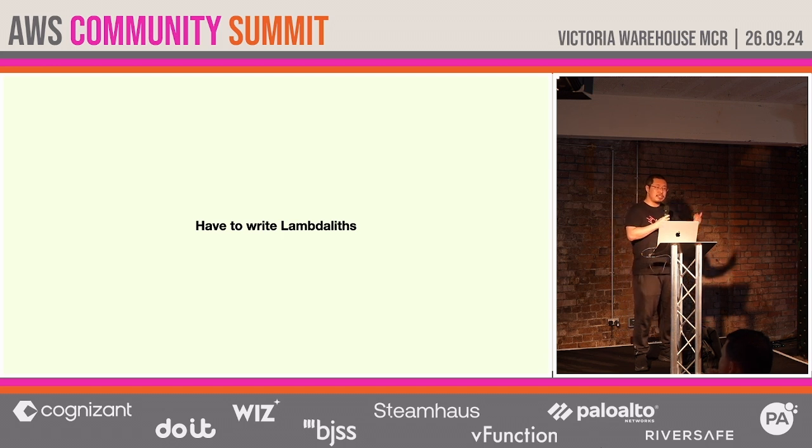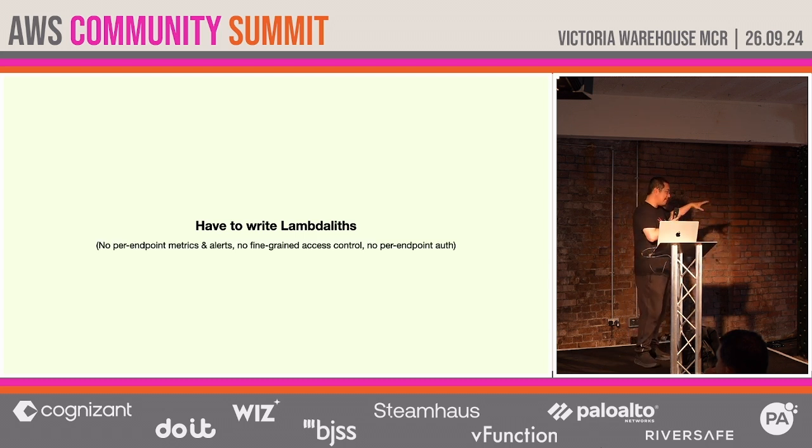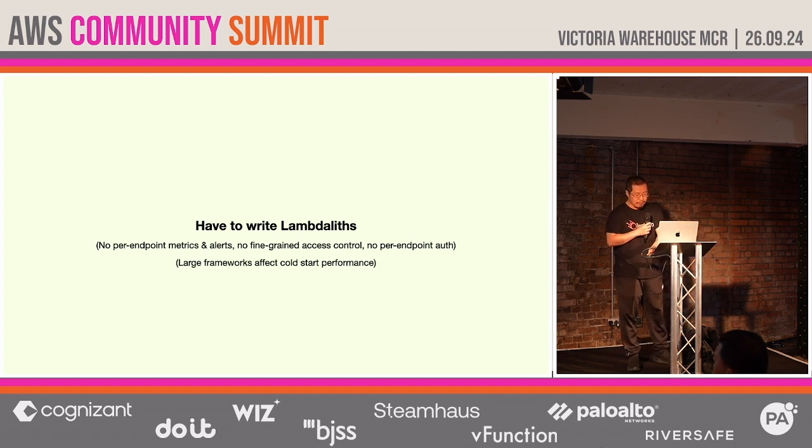What you can do is use Lambda function URLs and write a Lambdalith, which is a Lambda function that handles all the different routes for your API. There are some limitations to think about when writing Lambdaliths: you're not going to get fine-grained metrics for individual endpoints, or fine-grained access controls for each endpoint. And if you're using some big frameworks, that can also be expensive in terms of cold start.